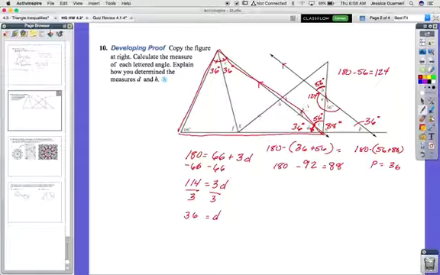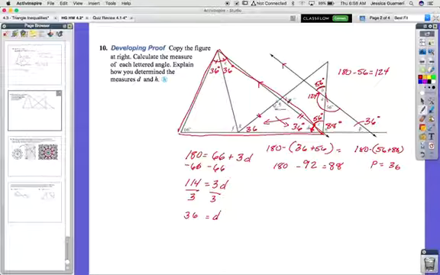Now, what we learned yesterday was I've got some congruency right here and some congruency right here. So this is an isosceles triangle. Because it's an isosceles triangle, I know that if the two sides are equal, then the two opposite angles are equal. One's 36, so the other's 36.